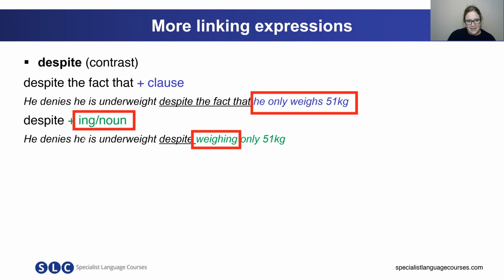Okay, so in this version, weighing only 51 kilograms doesn't work on its own. Okay, so make sure if you're using subject, verb, etc., you must include the fact that. If you're using ing form or the noun, just use despite and no fact that.